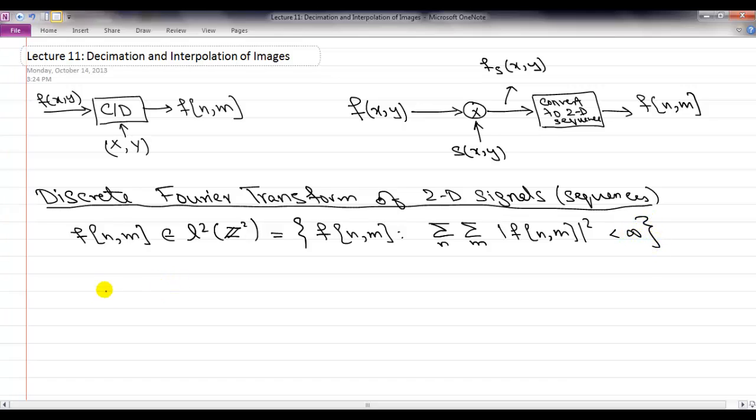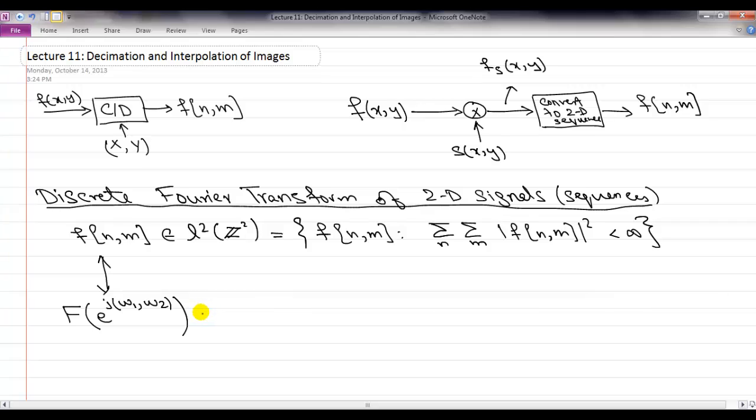Then the Fourier transform of all these two-dimensional sequences which are finite energy is simply defined as F of e to the j omega 1, omega 2. As you would expect, there are two variables, so we have to talk about frequencies in two dimensions. Omega 1, omega 2 have exactly the same meaning as we saw earlier for continuous two-dimensional sinusoids.